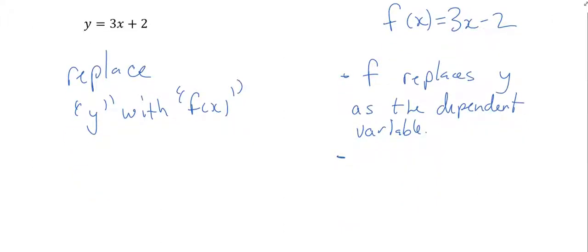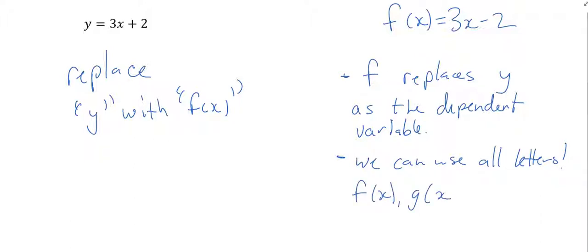One of the nice things about it is we can use all letters. So we've got F, G, H. Some are more common than others, but you could use any one you want.